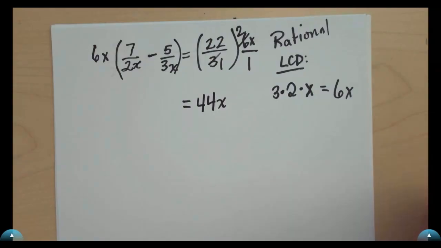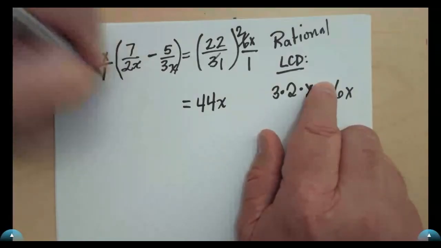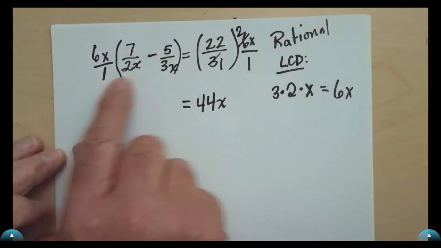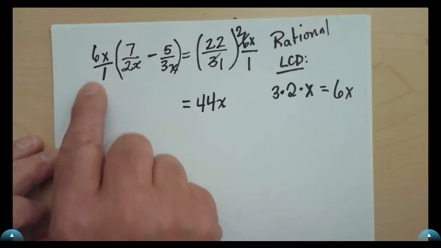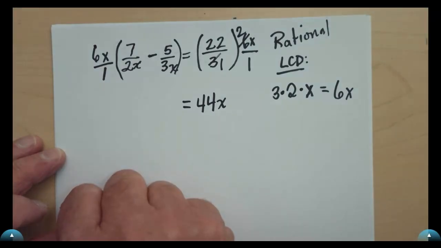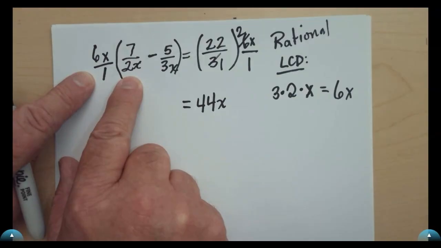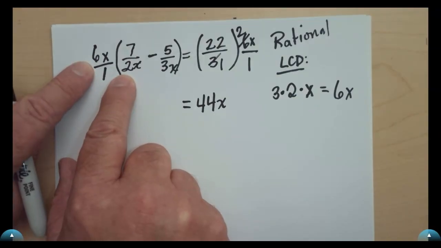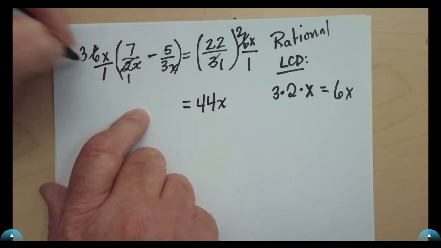We're going to actually do the exact same thing on the left side, except we have to do it twice. We're going to have to do 6x times 7 over 2x. Then we have to do 6x times negative 5 over 3x. Everybody see that? So when I multiply 6x times the 7 over 2x, well, I can cancel a 2, right? 2 goes into 2 one time, 2 goes into 6 3 times.